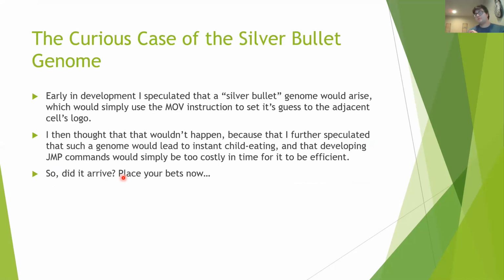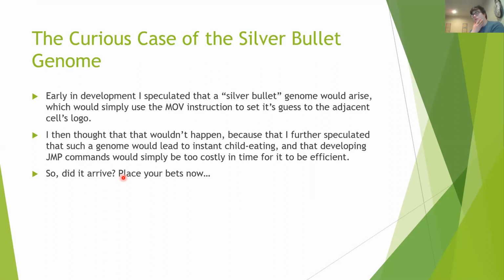Maybe. That was a speculation I had even before I got as far as to actually see what was going on with the ArchEvo Viewer. All it would do is copy from the logo to the guess.